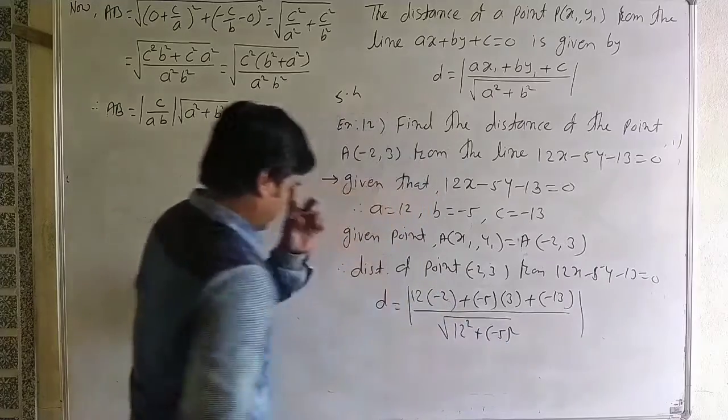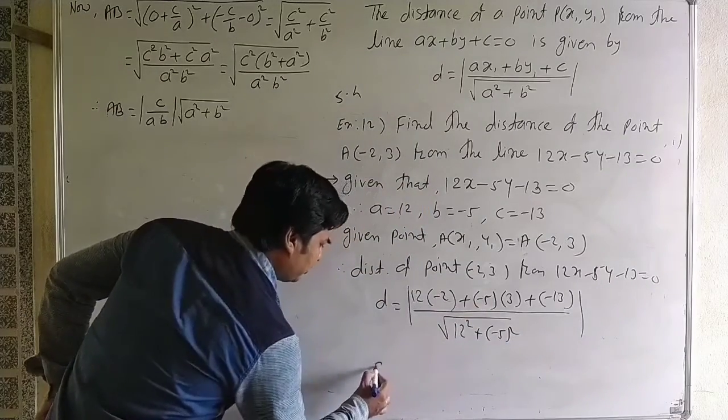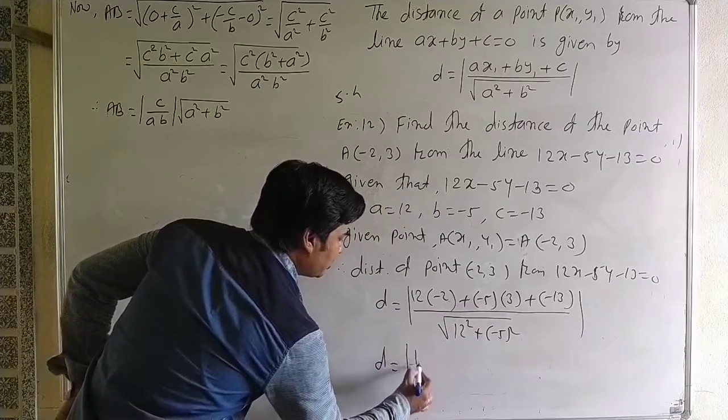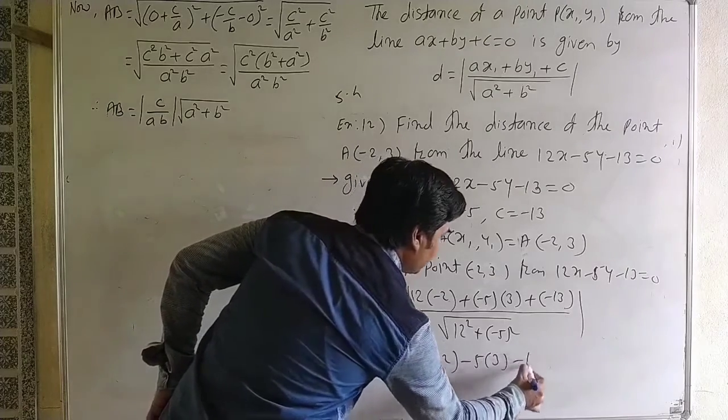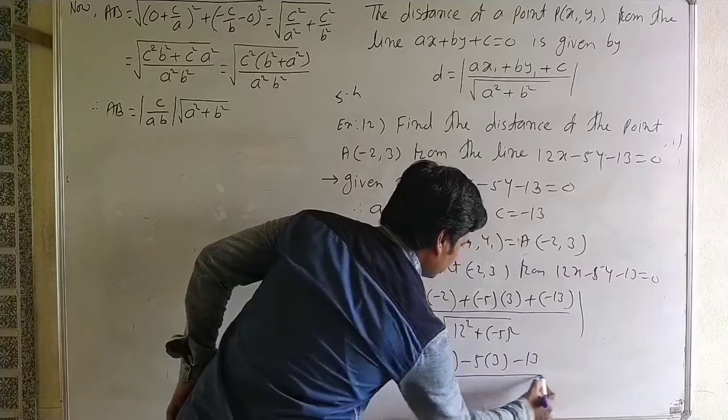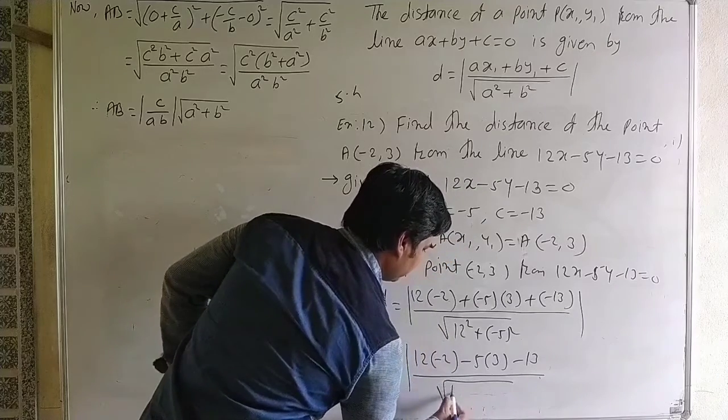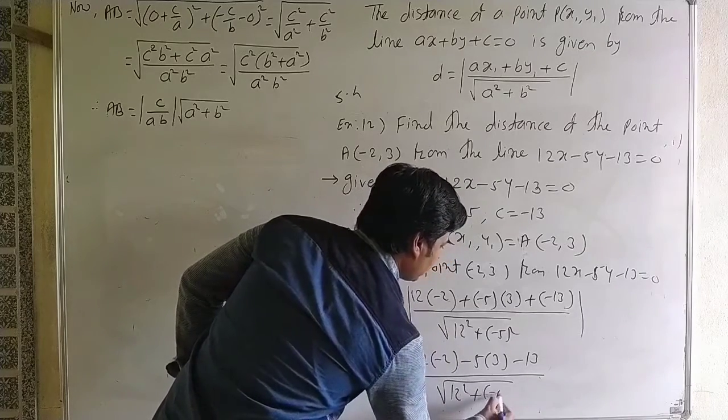Okay, here we can rewrite this: it is 12 into minus 2, minus 5 into 3, and minus 13, upon under root 12 square plus minus 5 square.